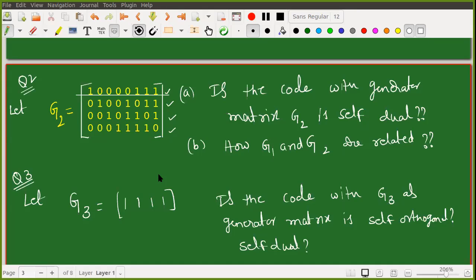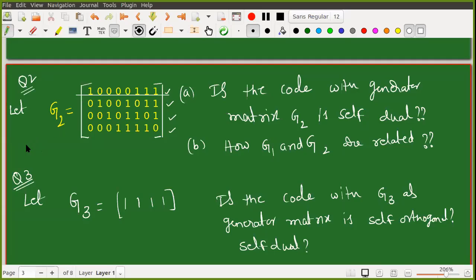Sir, the weight would be even. That is the simplest thing. So now all these are orthogonal to themselves. A self-dual code is automatically self-orthogonal also, right? So everything is orthogonal to itself.